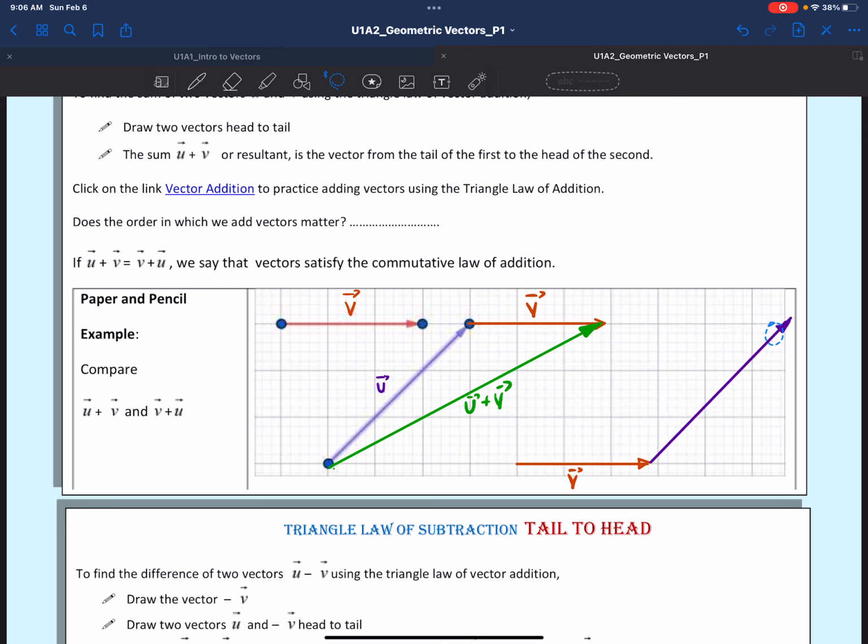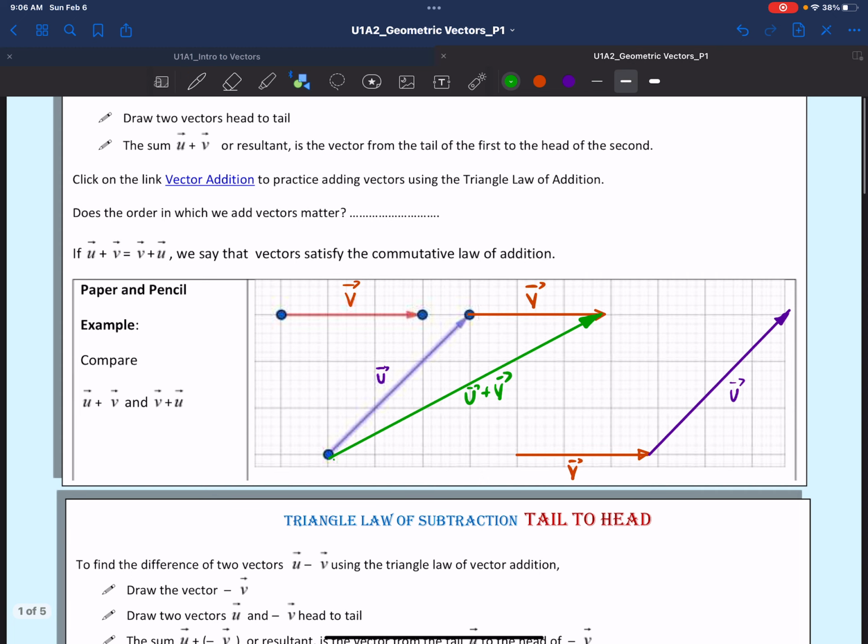I will place the tail of vector u to the head of vector v, because that's a vector that is added to v. And now the resultant vector will be the one that connects the tail of vector v, the starting vector, with the head of vector u, that vector that is added to the first. So here we go. This would be the resultant vector v plus u this time.